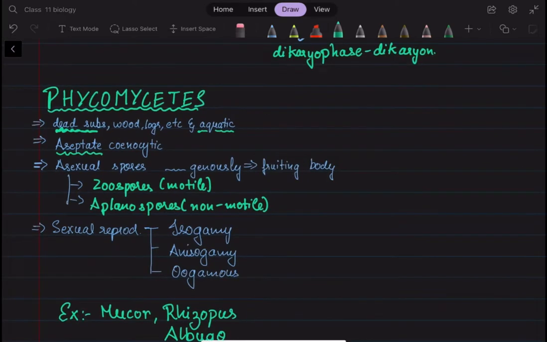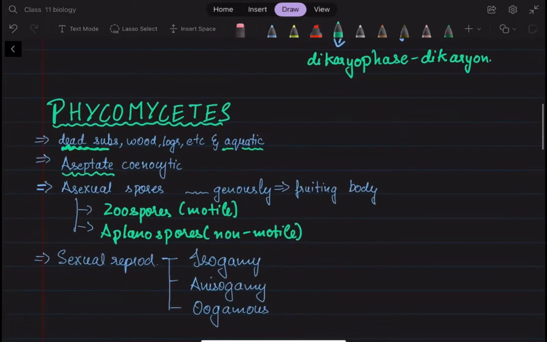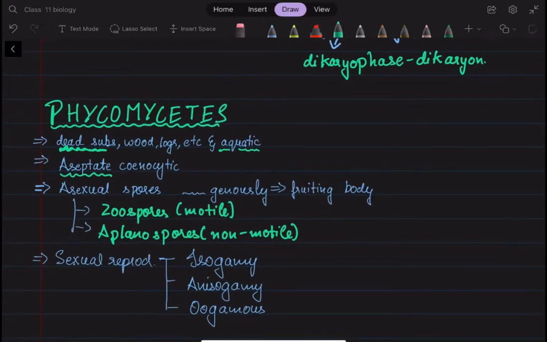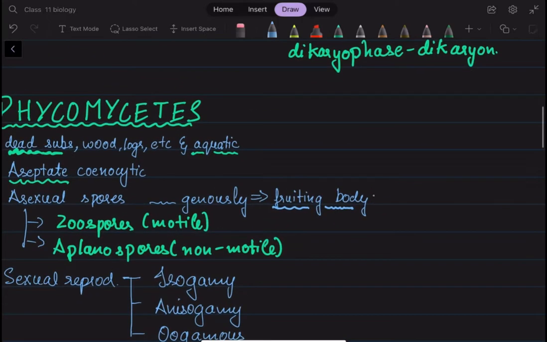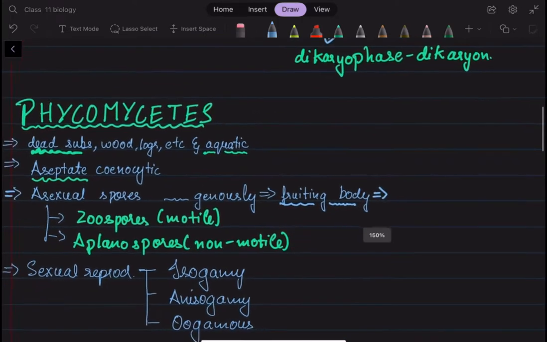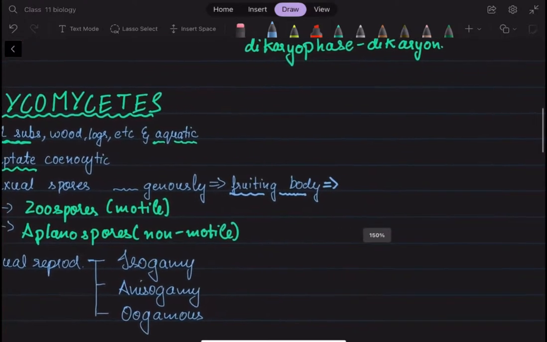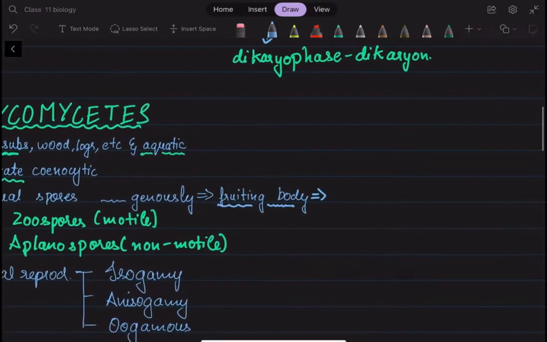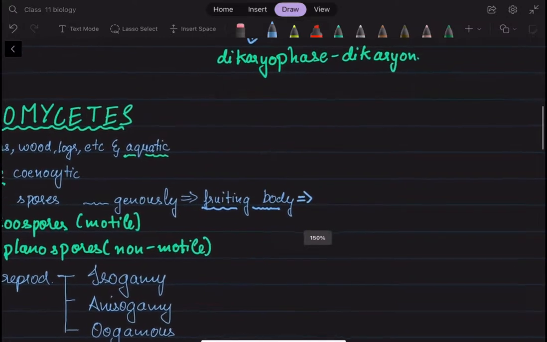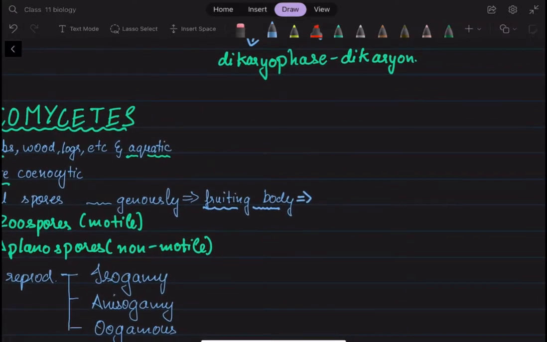These spores are formed on special structures, the fruiting bodies, which in phycomycetes are called the sporangium.